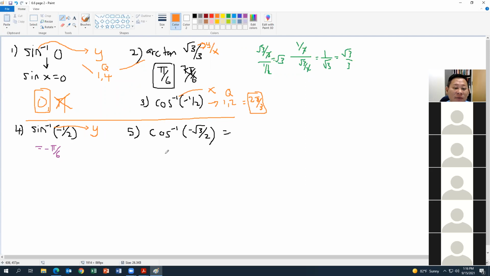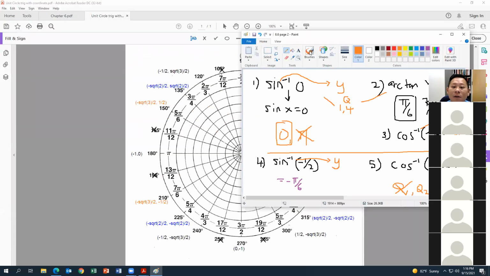But to be more specific, 1 or 2? This value is negative, so it'll be 2. Quadrant 1 can only be taken when the value is positive, right? So now we just concentrate on quadrant 2.